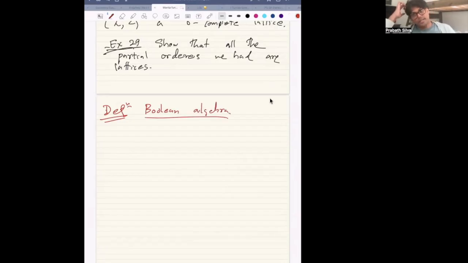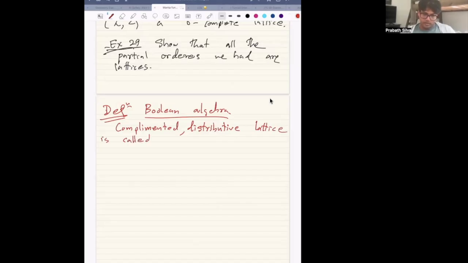So the Boolean algebra is a complemented distributive lattice. That is called a Boolean algebra.